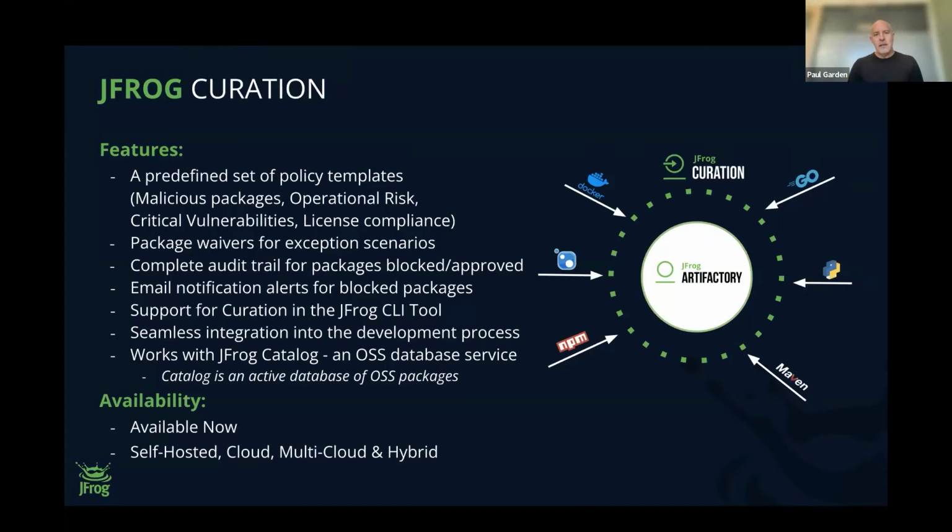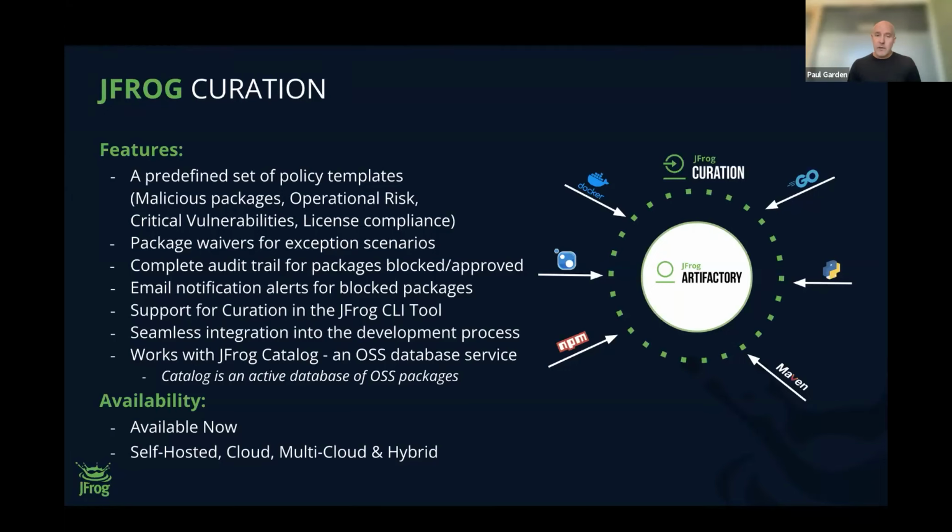Now, the one thing that a lot of people want today, and a lot of customers have been asking us for this solution for nearly 2 years. So we've listened very carefully to what these developers, what the management want, what developers want, what DevOps people want, what the security teams want. And one of the things is to have a complete audit trail of everything that comes into the organization. So rather than things just appearing and then just going into a repository, there's like a funnel where everything comes through curation, and you can see everything that was approved or it was blocked.